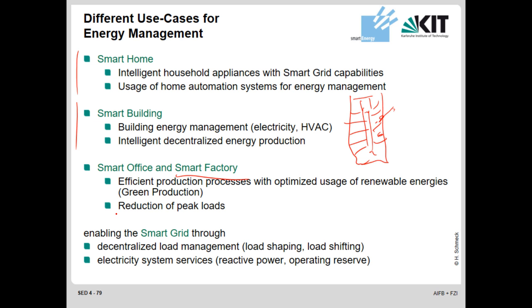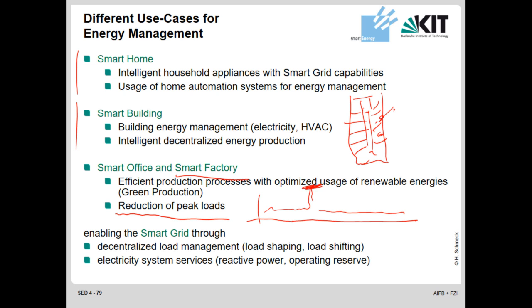Another point is that reduction of peak loads is a very important topic in an industrial environment. If you have a load profile over the year which looks like that, with one small peak, then you are paying a large amount of money for that peak.